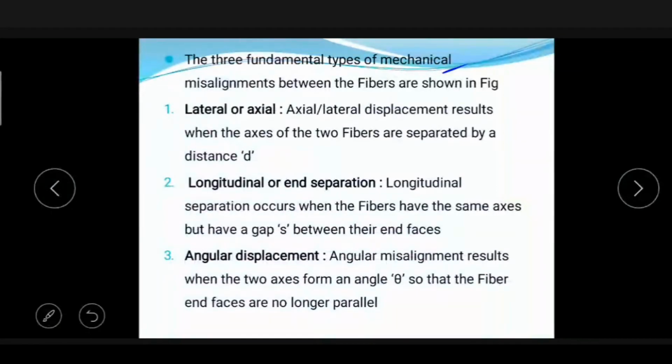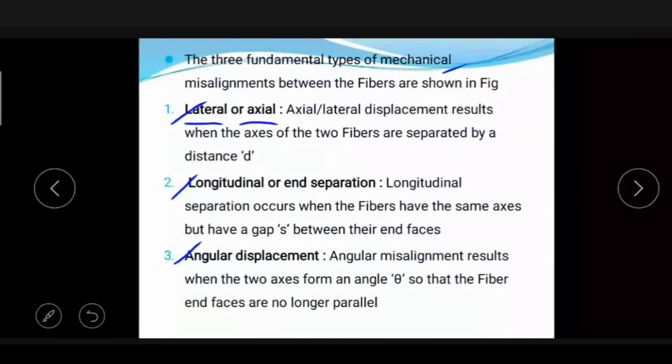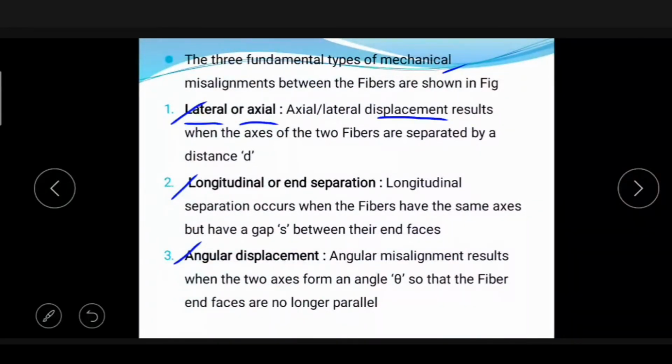Then one is lateral or axial misalignment. Second, longitudinal or end separation. Third, angular misalignment. So what is axial or lateral misalignment? This axial or lateral misalignment or displacement results when the axes of the two fibers are separated by a distance d.